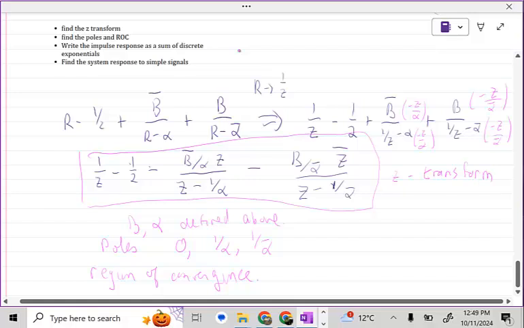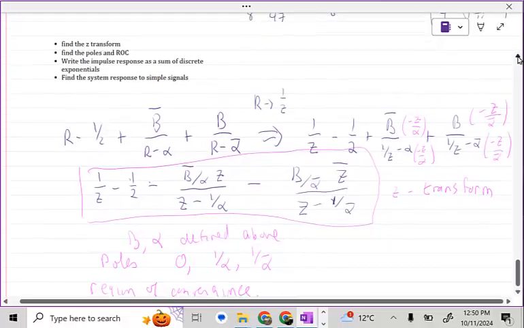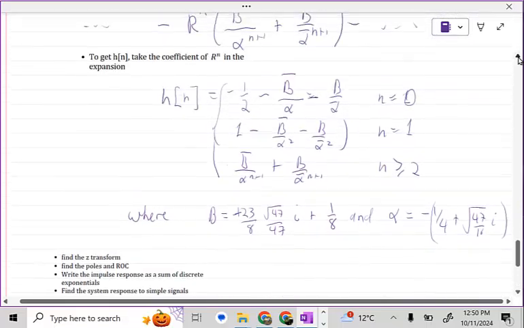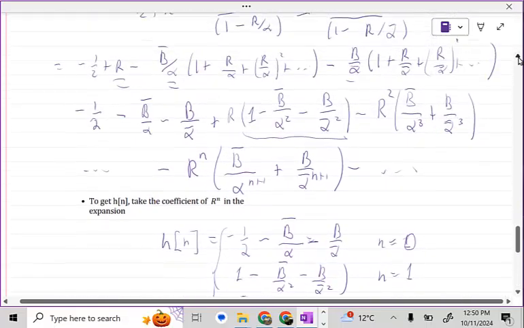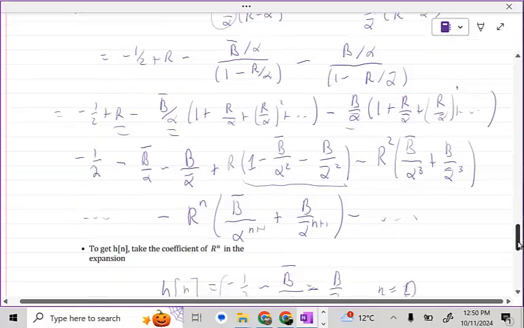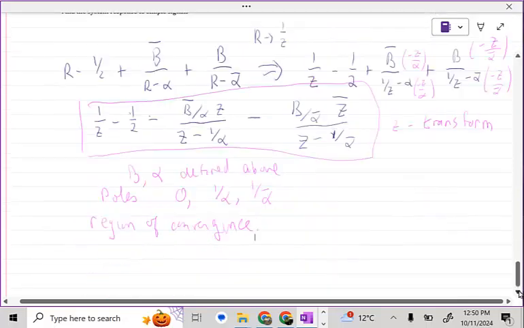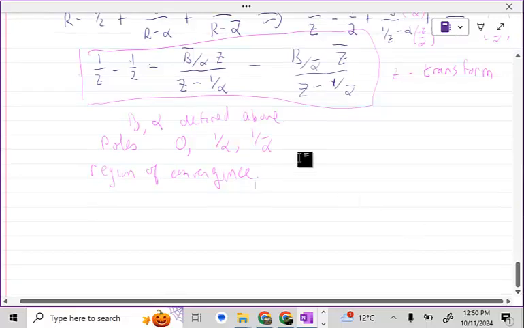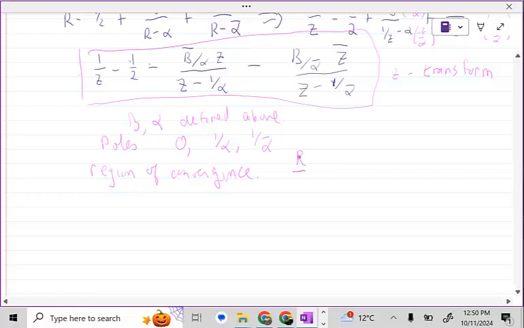Well, notice how I did the series here. The series terms, I had 1 over 1 minus r over alpha. And this r becomes a 1 over z. So this only converges if this term has absolute value less than 1.